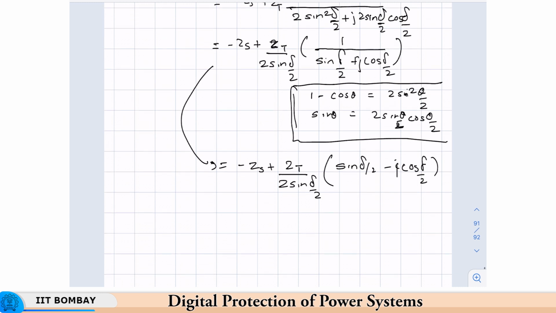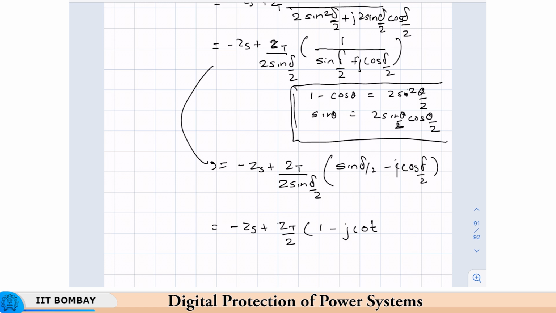Okay. So, this, if I now simplify further, is Zt by 2 times 1 minus j, I am sorry, this cot, not cos theta by sin theta.